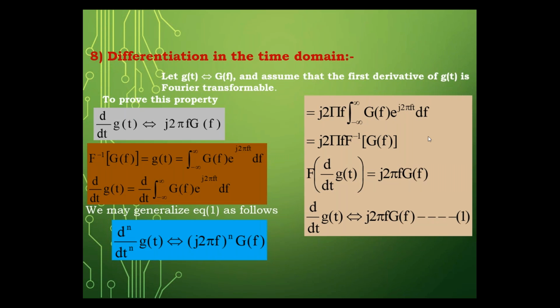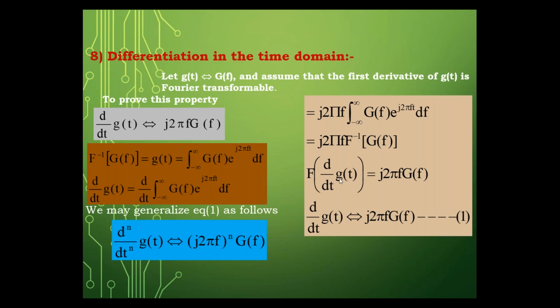And when you rearrange this, I can write it as the inverse Fourier transform of G of f, which is nothing but g of t, which you know.